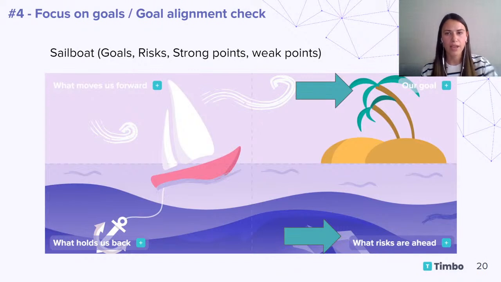So I personally like this one because it is very focused not just on the processes as such and things you should or should not be doing. It is very goal oriented, and everything you come up with after this retro is things that will help you achieve your goal more effectively.